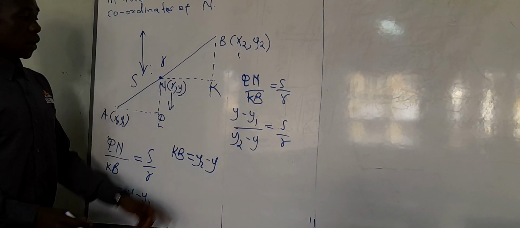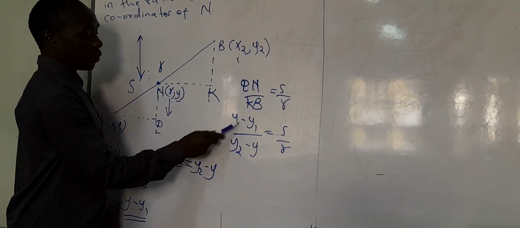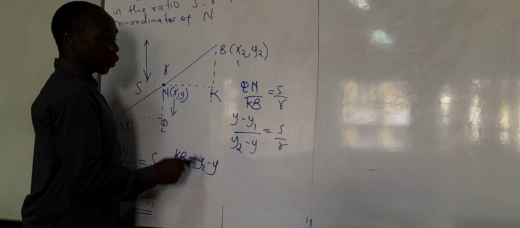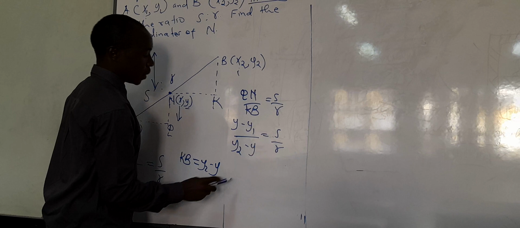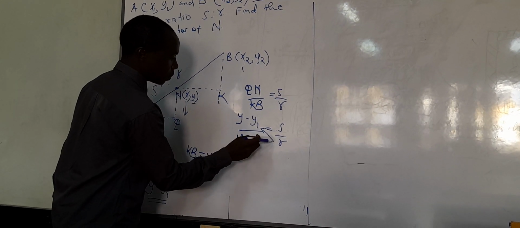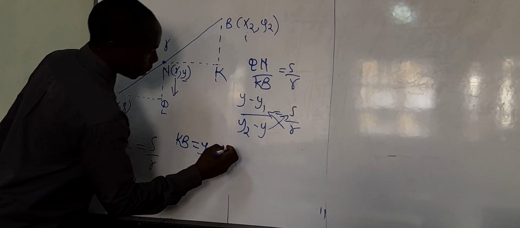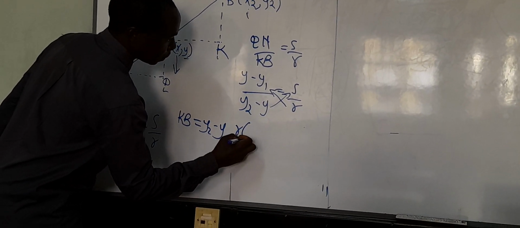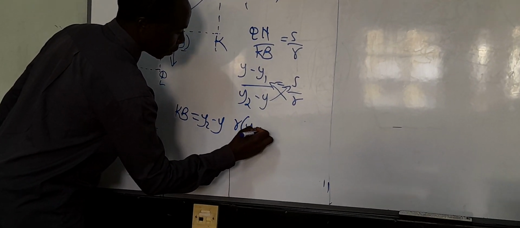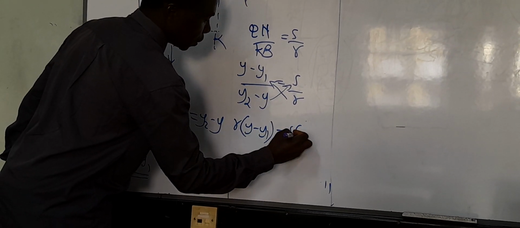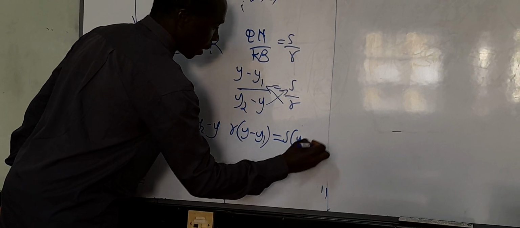Now look at this. We want to find the value of y. We want to get y without the subscript. So what are you going to do? You cross multiply. If you cross multiply this one by that one, then this one will go here. So we're going to have R into y minus y1 to be equal to S into y2 minus y.